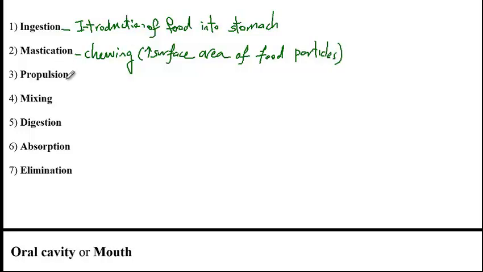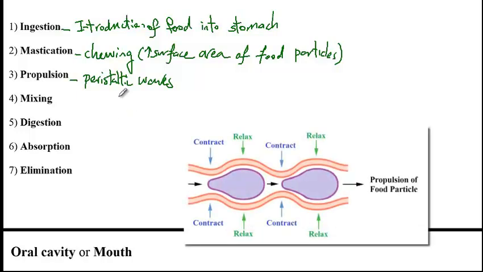Next we have propulsion, which is basically movement of food along the digestive tract that is being induced by peristaltic waves. So here, movement of food along the digestive tract by peristaltic waves. And these waves consist of contraction and relaxation that are induced by the circular smooth muscles in the digestive tract.